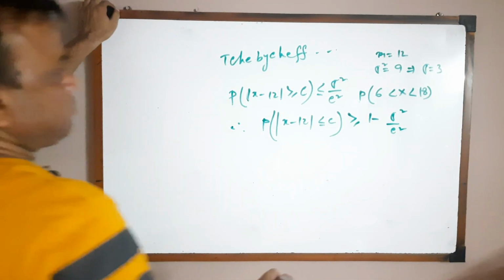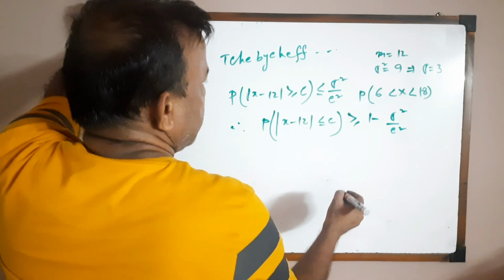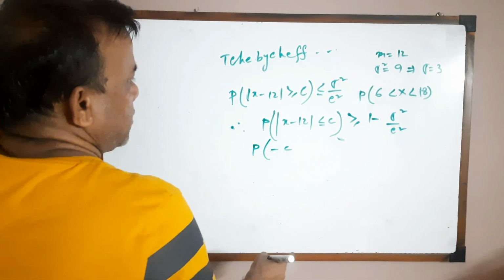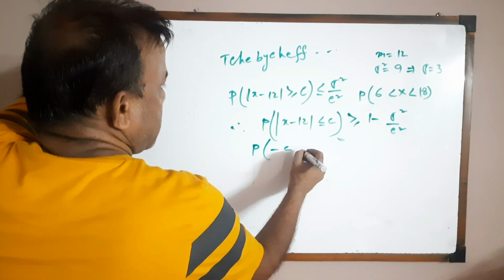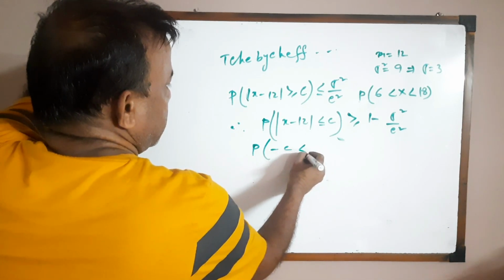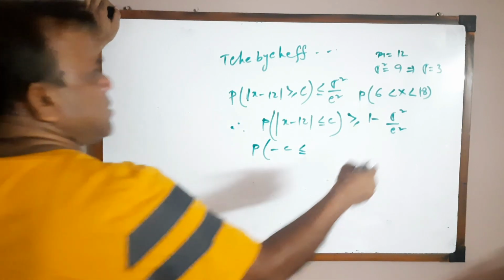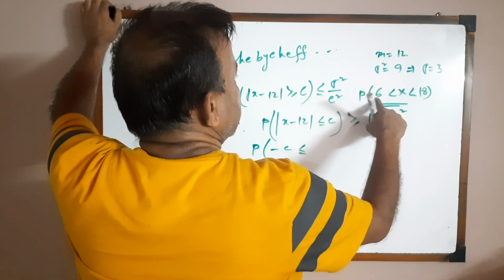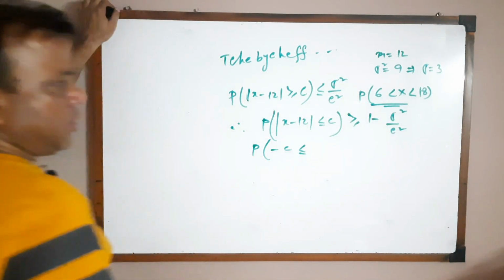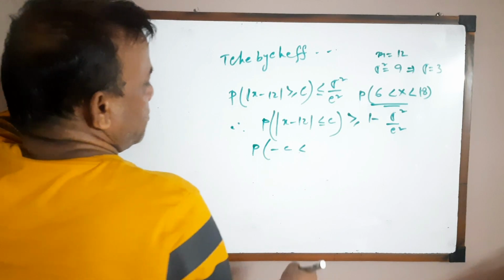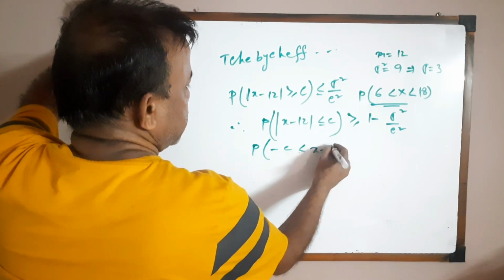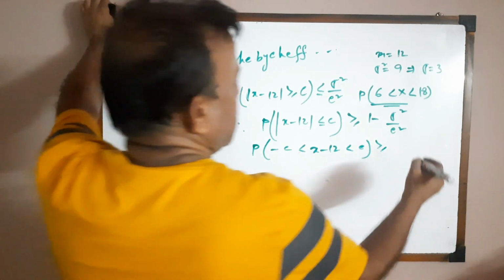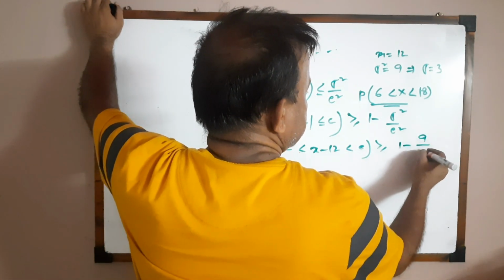Therefore, as we have to find the probability that x lies between 6 and 18 and no equality is there, probability of minus c less than x minus 12 less than c is greater than or equal to 1 minus 9 by c square.